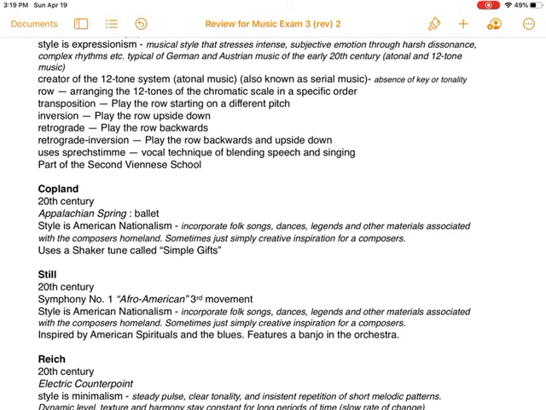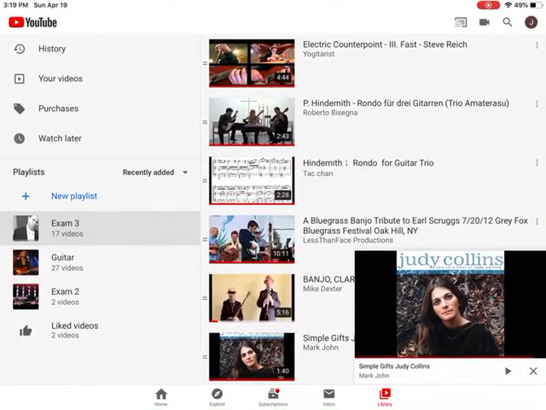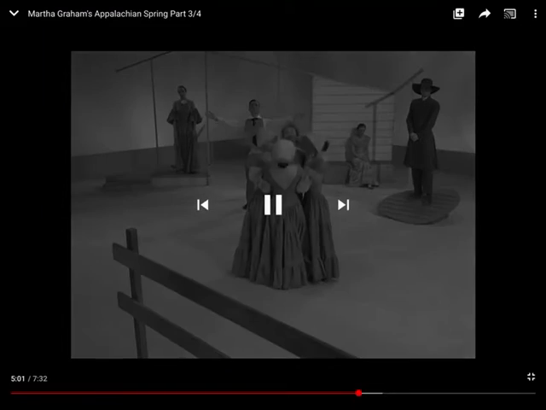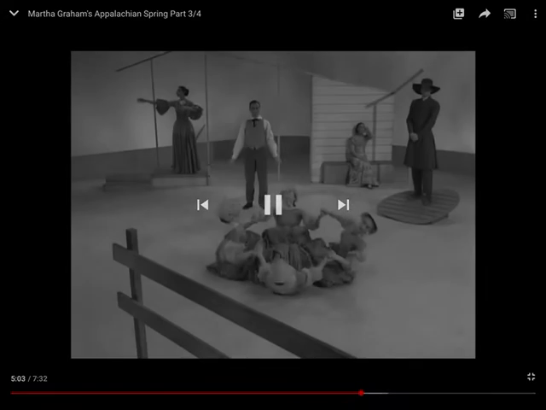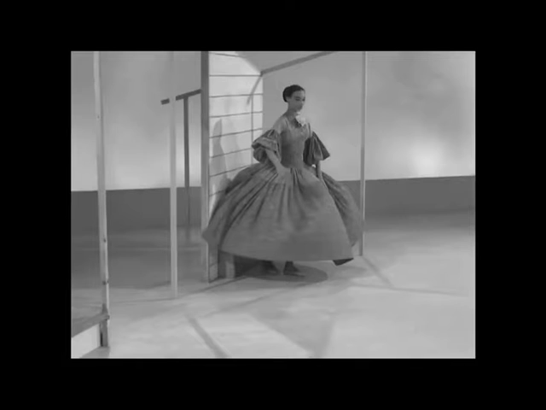So let's first look at and listen to an excerpt from the ballet. Here we are. Oh, we want to start from the beginning, of course. Okay, so I'll point out some things as we go along. Not being a dancer myself, but remember how abstract the Stravinsky dancing was.